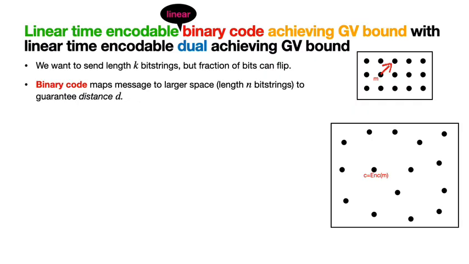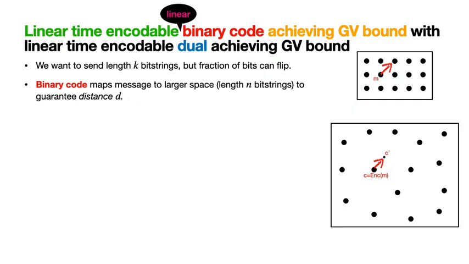If now an error occurs again to our encoded message, we again can view that as moving a little bit inside of this space, but now we don't necessarily end up with another valid encoded message. Instead, we are much more likely to end up with a bit string which is not a valid encoded message, which immediately tells us that an error has occurred.